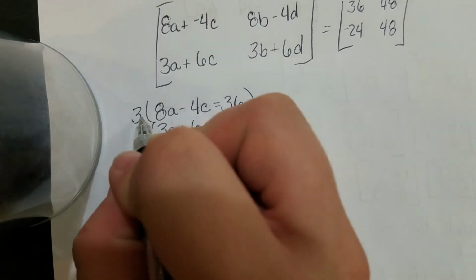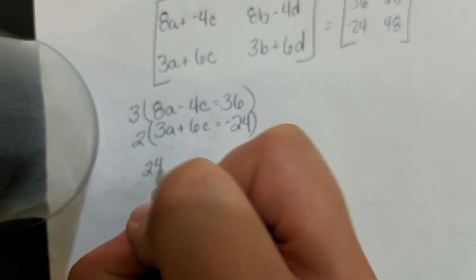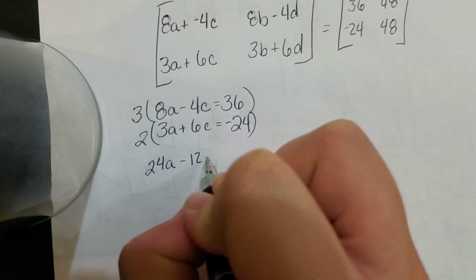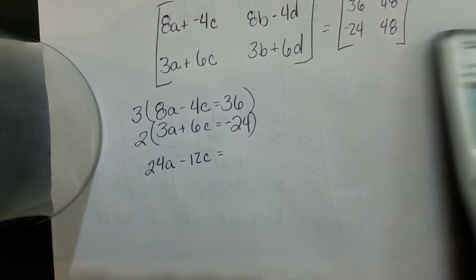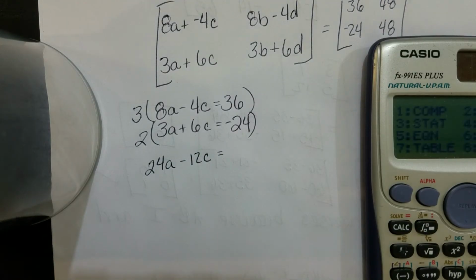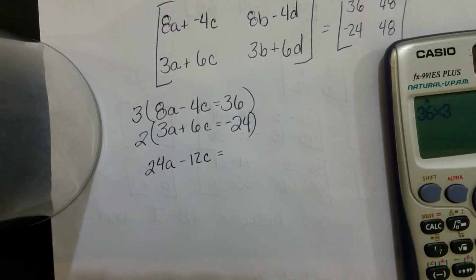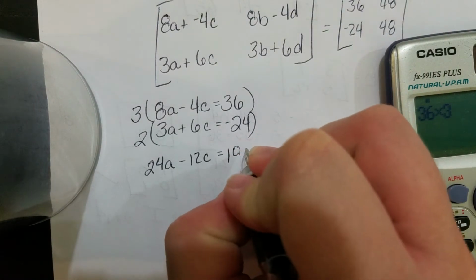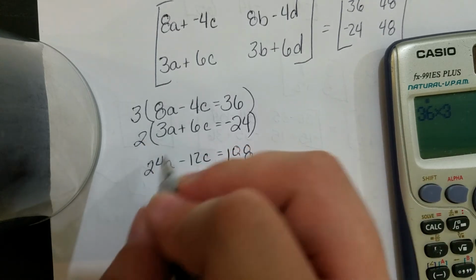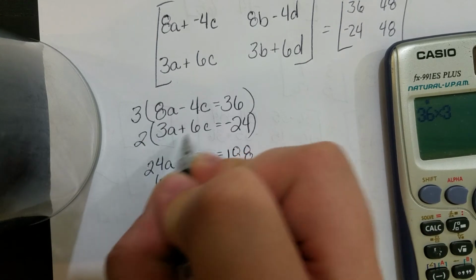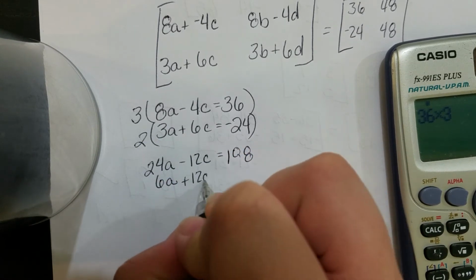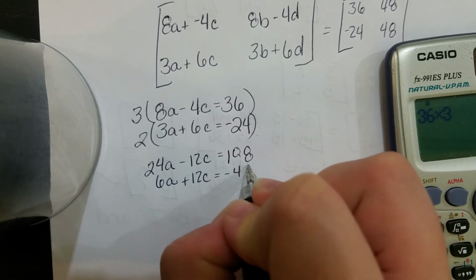So when I do that, I'm going to get 24A minus 12C equals 36 times 3, 108. And then this one I'm going to have 6A plus 12C equals -48.